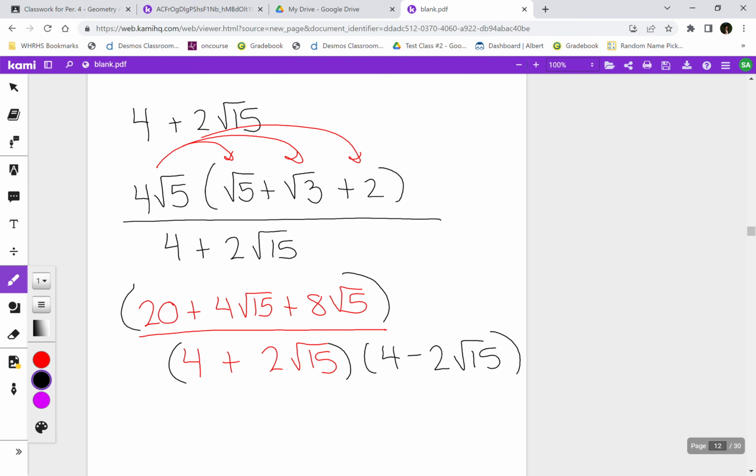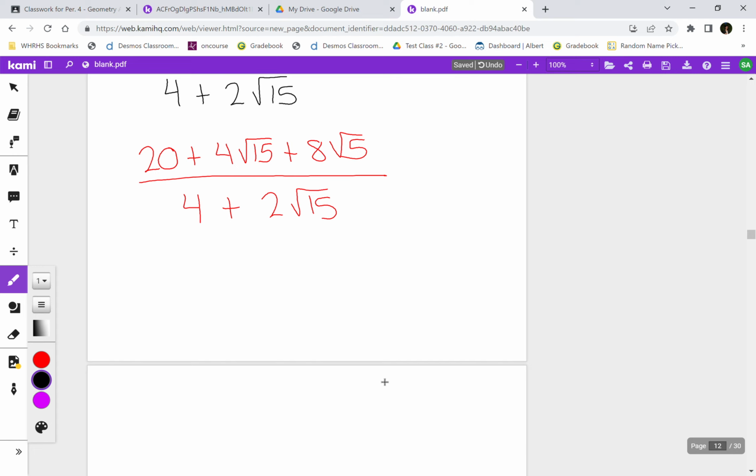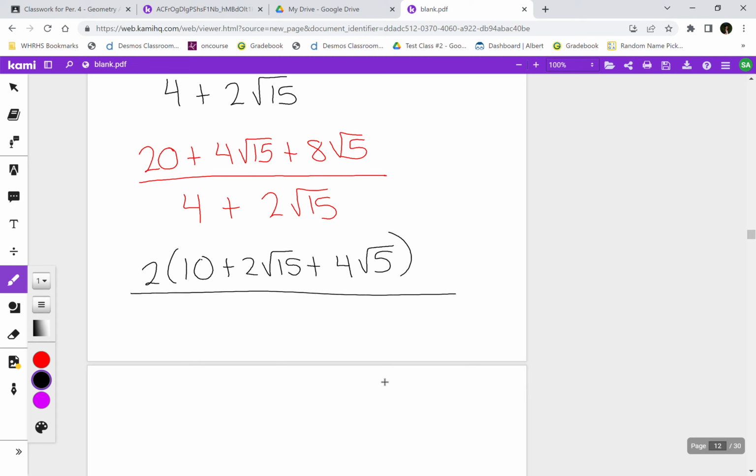You can pull out a 2. Do you guys want to do that first? Sure, we can pull out a 2. It's not going to make a difference. It makes it a little smaller? Sure, let's pull out a 2. So if we pull out a 2 in the numerator, we're going to get 10 plus 2 root 15 plus 4 root 5. In our denominator, we'll pull out a 2 and get 2 plus root 15.